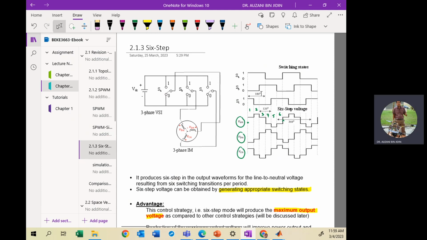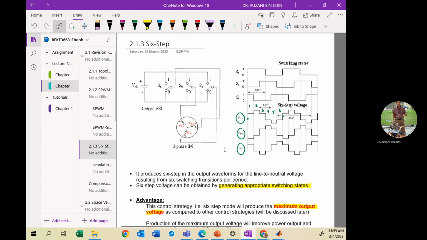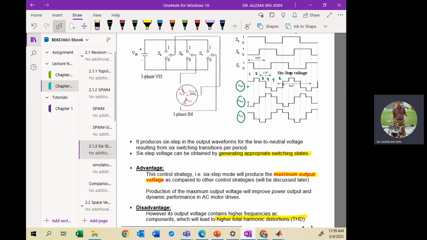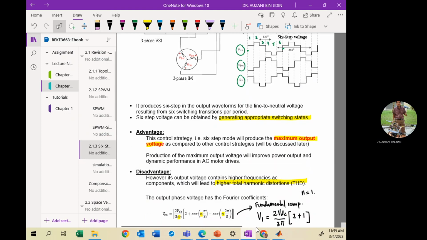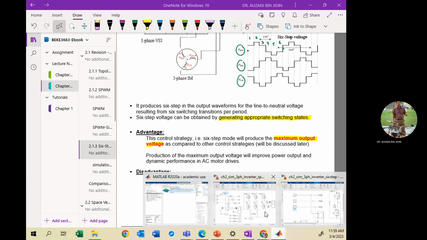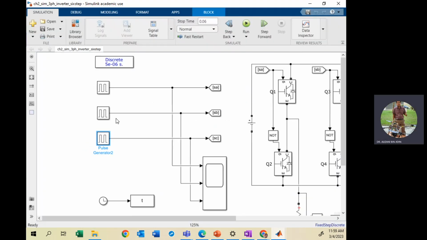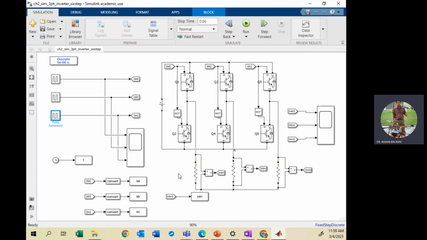So you can refer to this waveform. This is just a revision. I don't want to take much time to discuss it in detail here, because you have learned this already last semester or last year. Okay, then we try to verify the output.